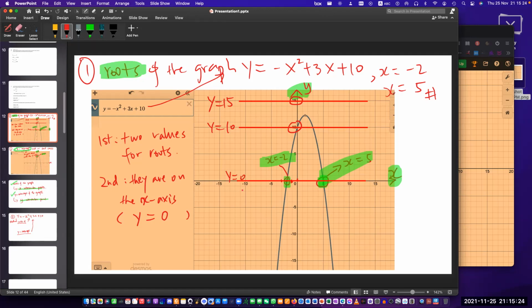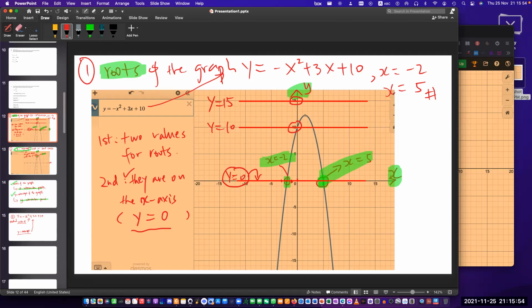So the English meaning is this: they are on the x-axis. When the points are on the x-axis, mathematically it means y equals 0. You can look at it from here. Can you see this line is on the x-axis, which means y is equal to 0?